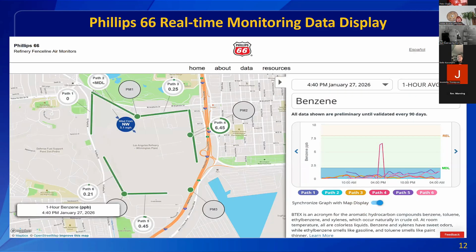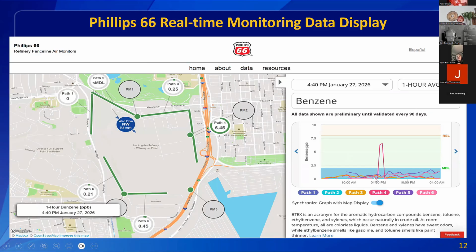And so I just want to take a minute and reflect on what difference it might have made to all of those residents and first responders and local officials if anytime, day or night, they had been able to call up a website like this California Phillips 66 website, where they could see at any fence line area along the facility what the concentrations of benzene were.